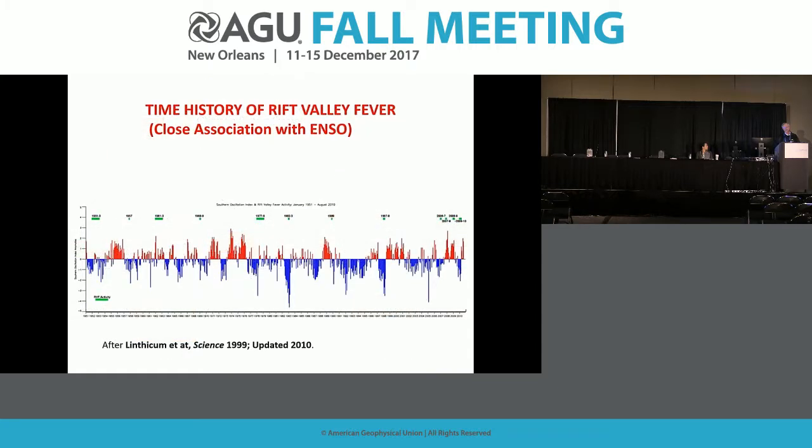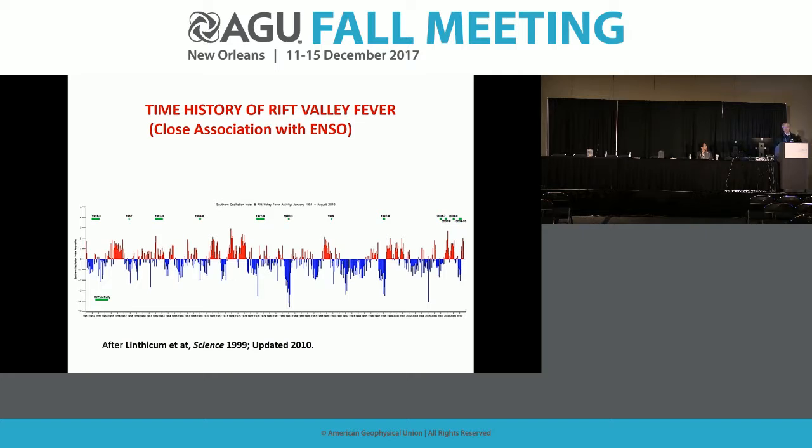Another thing that we discovered was that its outbreaks are very closely linked to ENSO events. So here from 1950 up until 2010, every single Rift Valley fever outbreak has been linked to an El Nino event, but not every El Nino results in a Rift Valley fever outbreak.